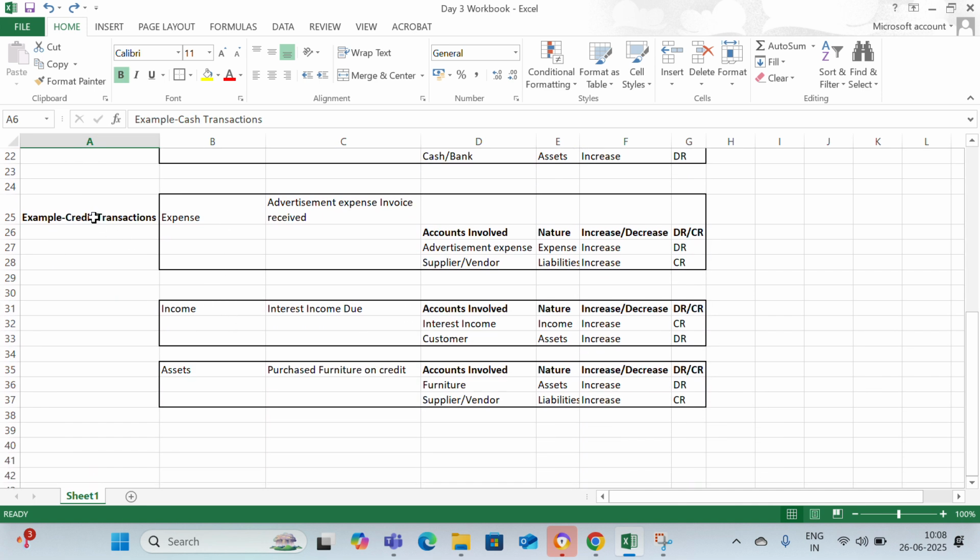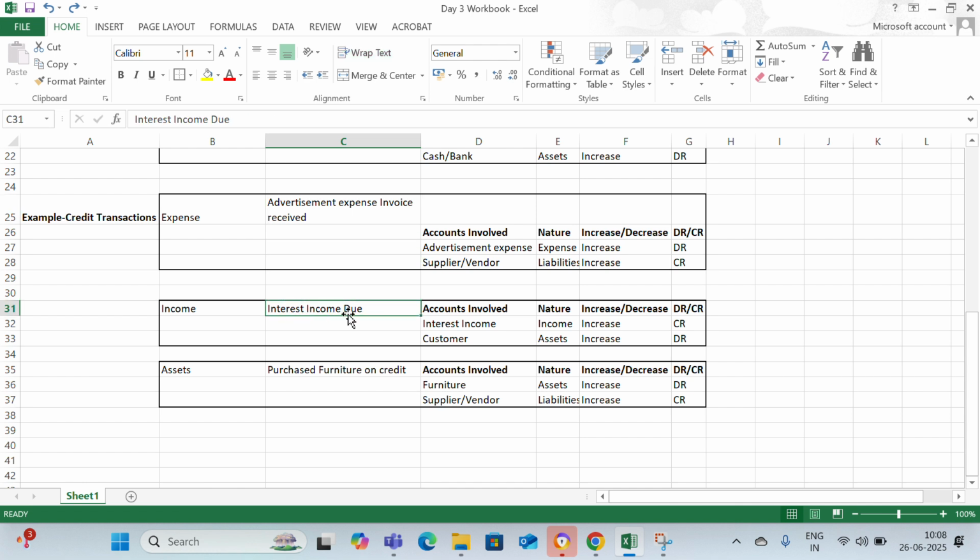Now coming to the examples of the credit transactions. The examples are the same, only the thing is we do not make immediate payment or we do not receive immediately. So in the above example, we have just received the advertisement expense invoice, we have not made the payment.